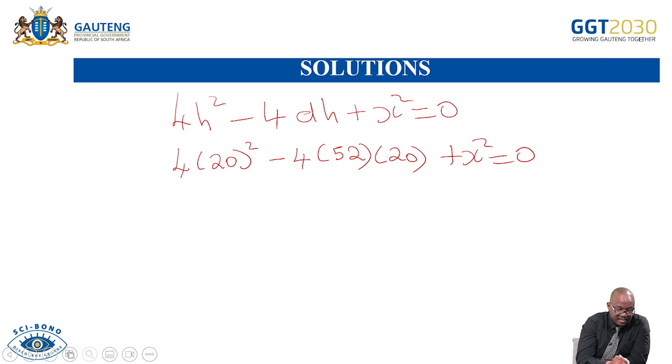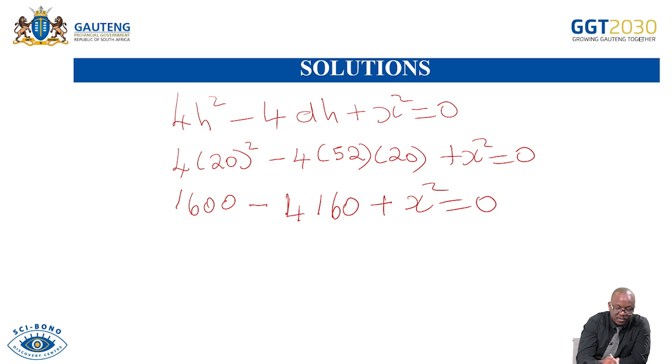So what will happen here? You will say 4 into 20 squared. Then you are going to get 1,600. Then minus 4 multiplied by 52 and you also multiply it by 20, you're going to get negative 4,160 plus x squared is equal to 0. So we have to make x the subject of the formula.